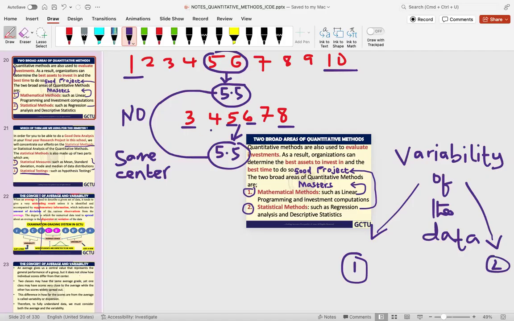So this one, we need to find how 5.5 has a data that can start from 3 and then how it will also end at 8. In the same way, we have to find out how this time 5.5 can also start from 1 and then end at 10.